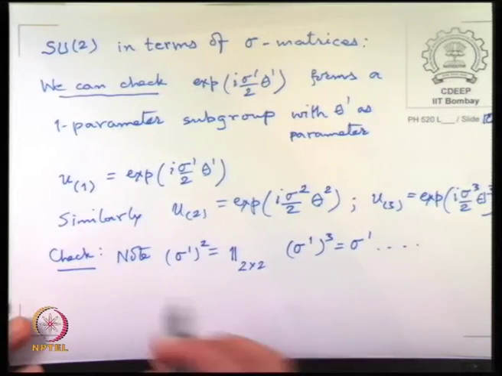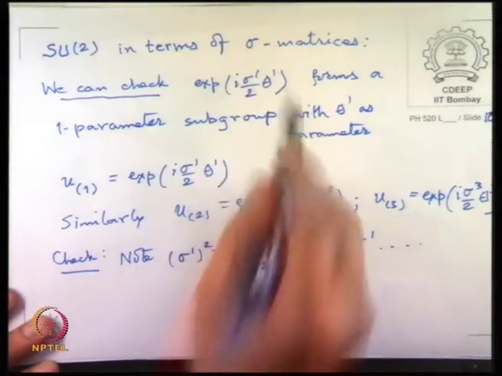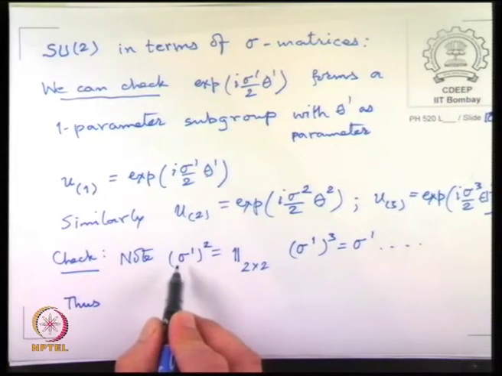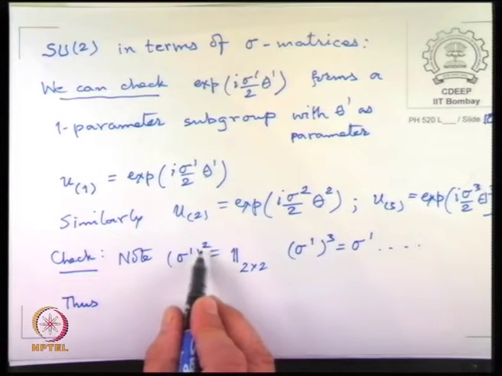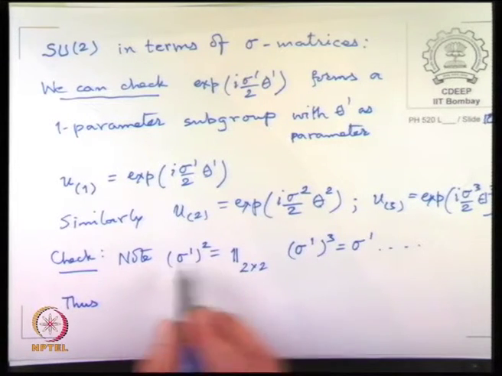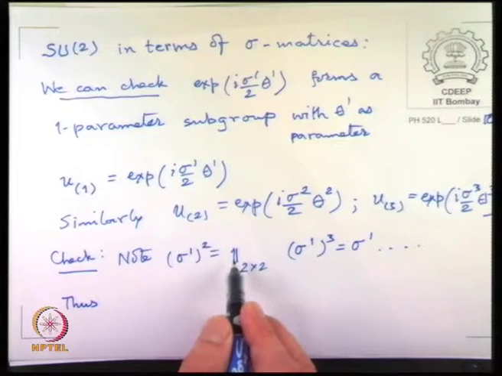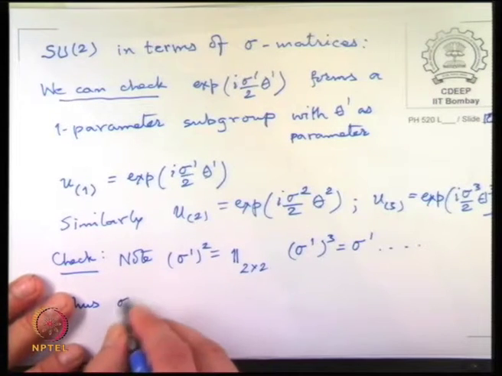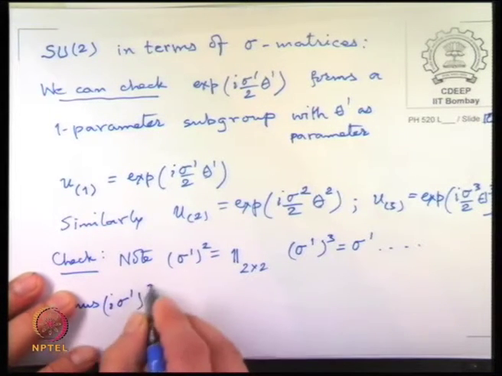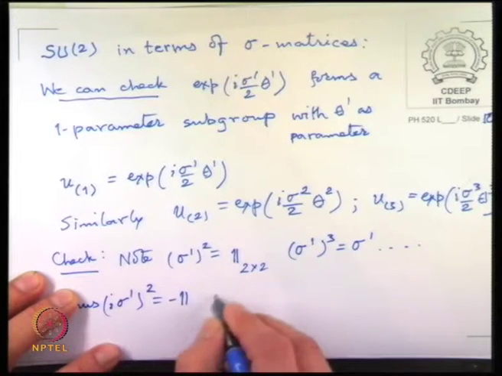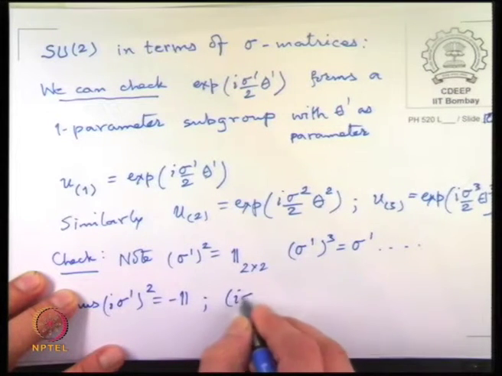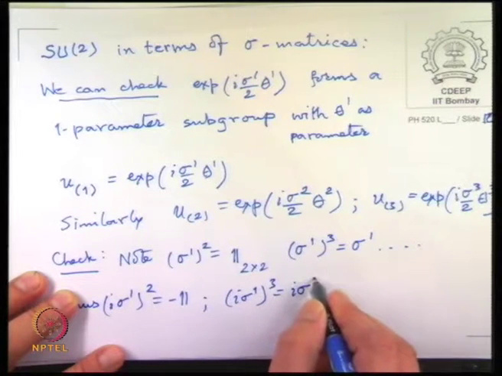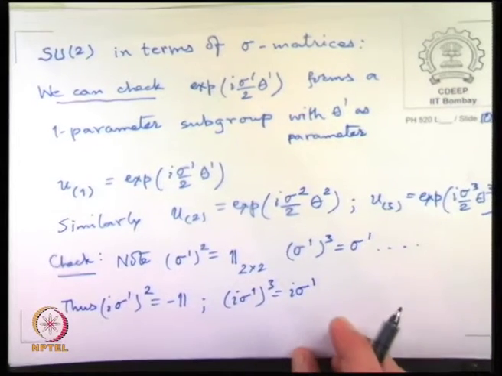So if I take exponent of I times sigma 1, with I squared giving minus 1, sigma 1 whole squared times I squared is equal to minus 1, and I times sigma 1 cube is equal to minus I times sigma 1.